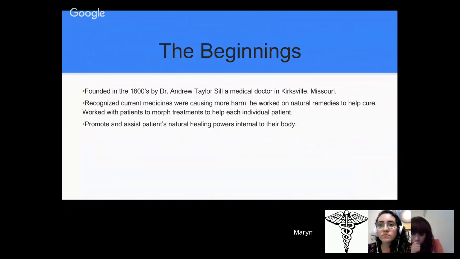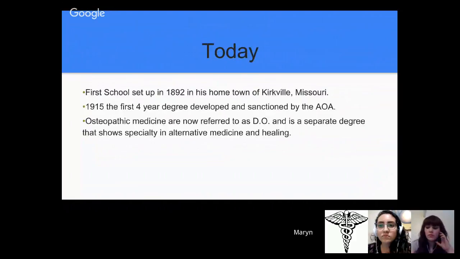He worked with patients to adapt treatments to each individual patient and promote and assist patients' natural healing powers internal to their body. Today, the first school was set up in 1892 in his home.